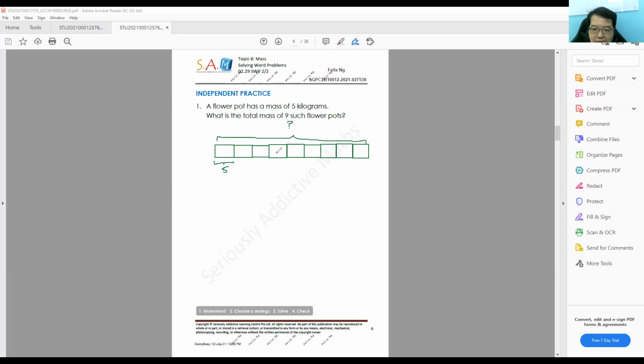So there are 9 rectangles, or 9 units. Each unit is 5 kilograms. 9 times 5 kilograms equals 45 kilograms. And that's it. Remember to write the statement.